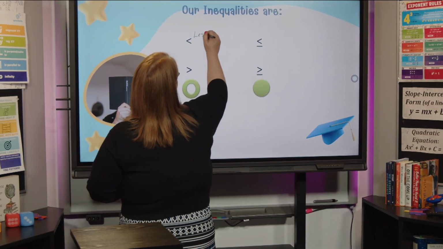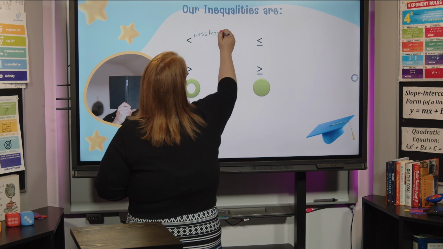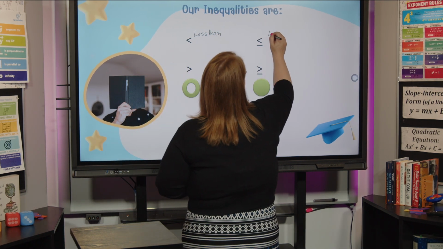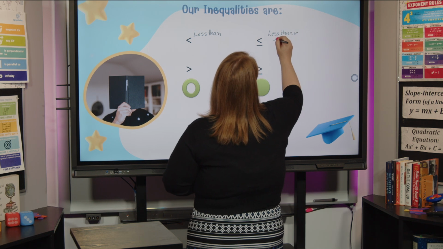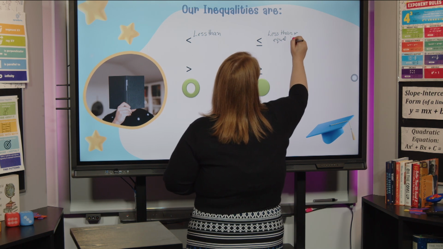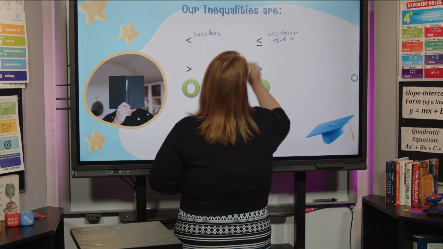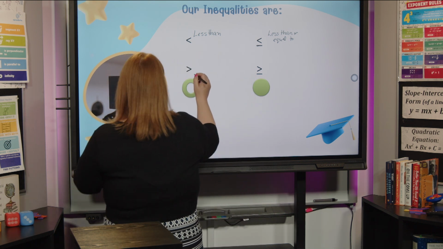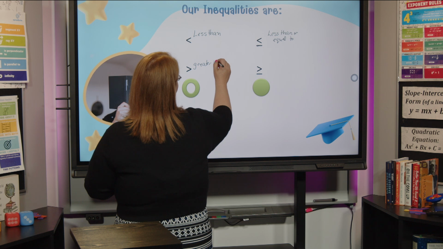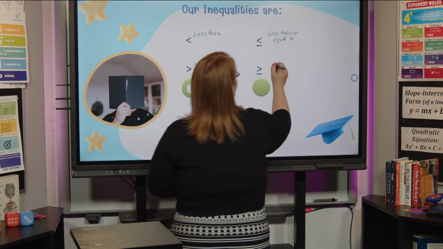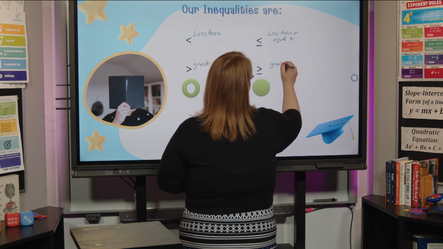So I have less than. My next one is less than or equal to. Noticing I have a line underneath. My next one is my greater than symbol. And then I have greater than or equal to.